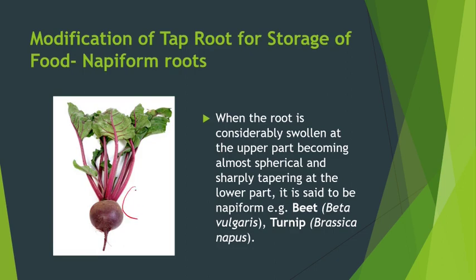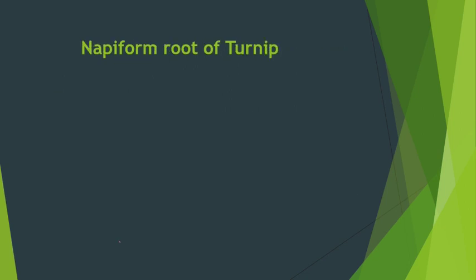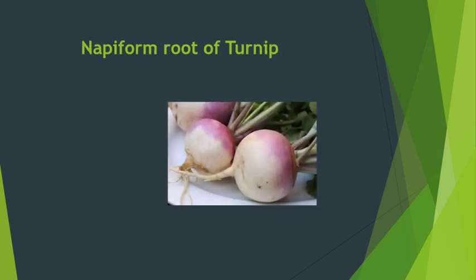Initially it is spherical and then it tapers down. Such structure is called napiform root, and this is again for storage of food. In this modification of taproot, the primary root becomes swollen and then it gives out branches, secondary and very fine tertiary roots. Such type of napiform root is also found in turnip. You can see napiform structure in turnip.